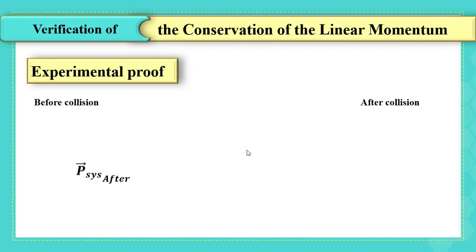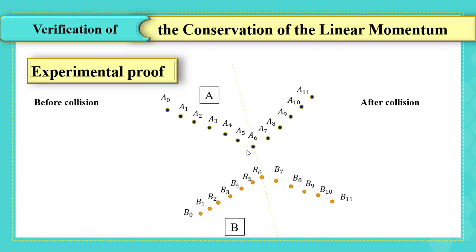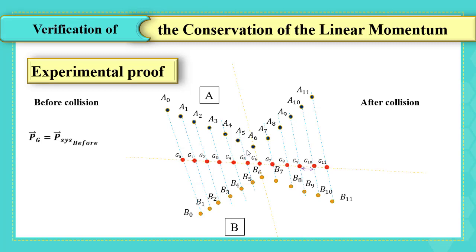To find the answer, we use the first method. We're going to join the center of mass of each couple AI, BI, and we're going to find that they form a straight line and the distances between successive positions are equal, thus representing a uniform rectilinear motion of the center of mass, so the vector Vg is a constant vector, where Vg is the velocity of the center of mass of the system.